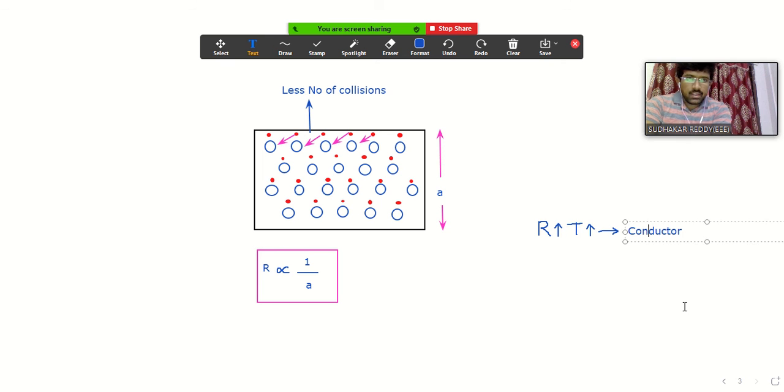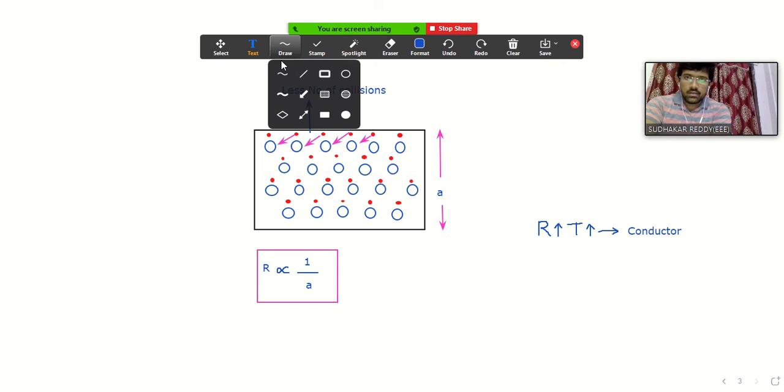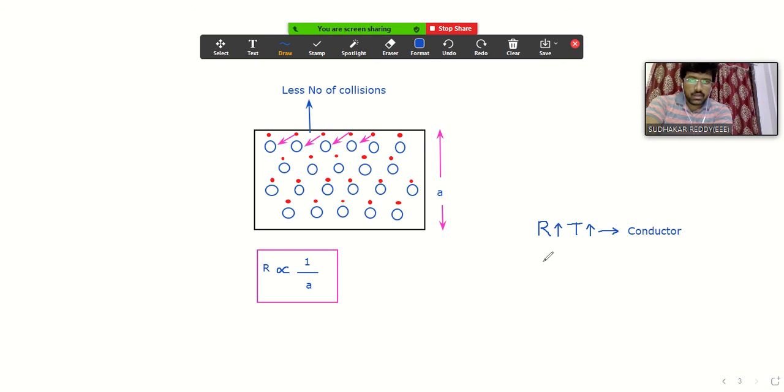Now when it comes to a semiconductor, keep in mind, if temperature increases, the resistance value will definitely decrease, not increase. Why? Internally a semiconductor requires some additional energy to provide the free electrons. The additional energy we call ionization energy.